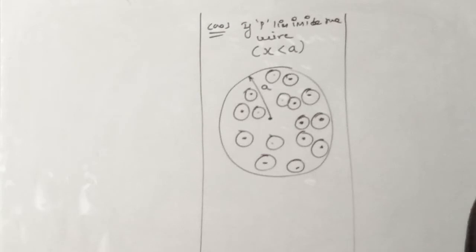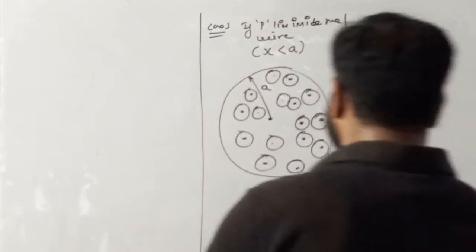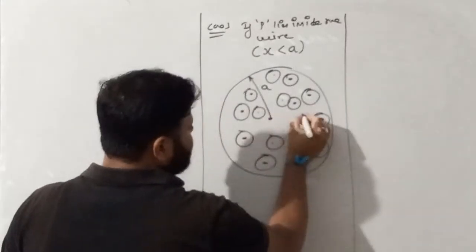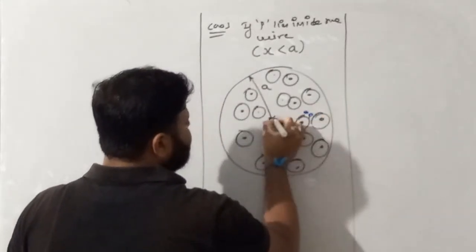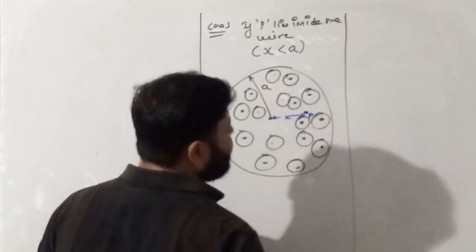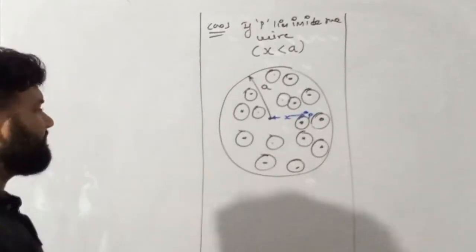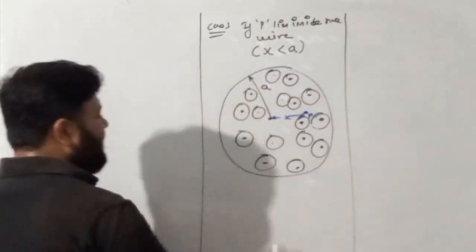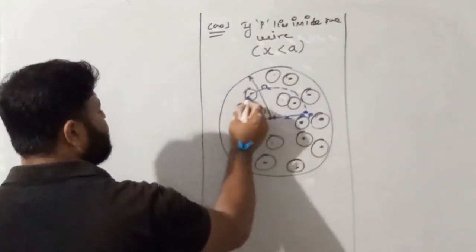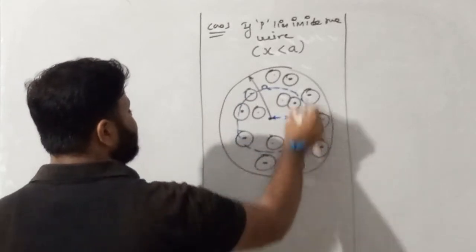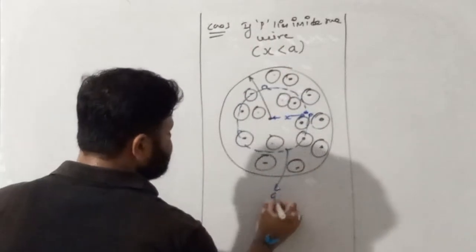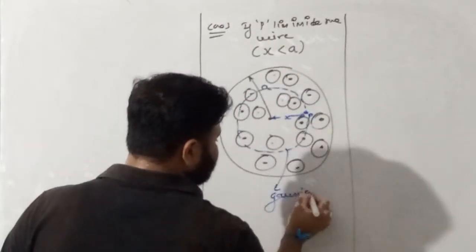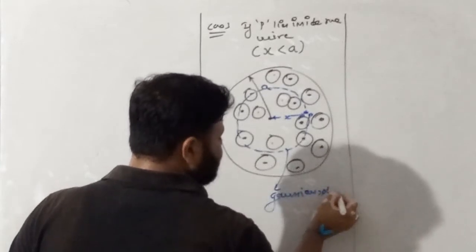This is the point P, which is x distance from the center of the wire. So if P lies inside the wire, just make the Gaussian surface. See, this is our Gaussian surface.